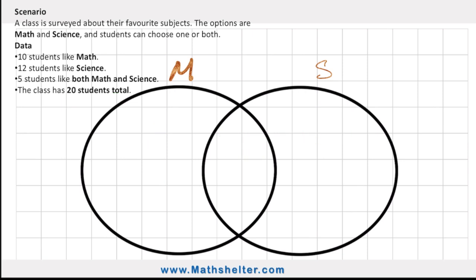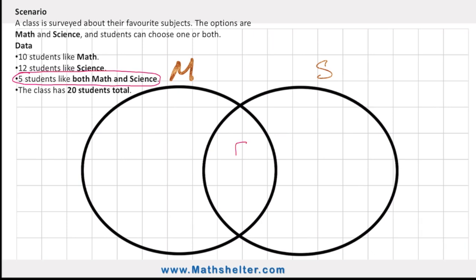Let's have another look. Well, it shows me here that 5 students like both maths and science. Well, that's a really important piece of information. And we now know that 5 is going to be in the middle because there's definitely 5 students that like maths and science. So that has to be shared. But then 10 of my students like maths.